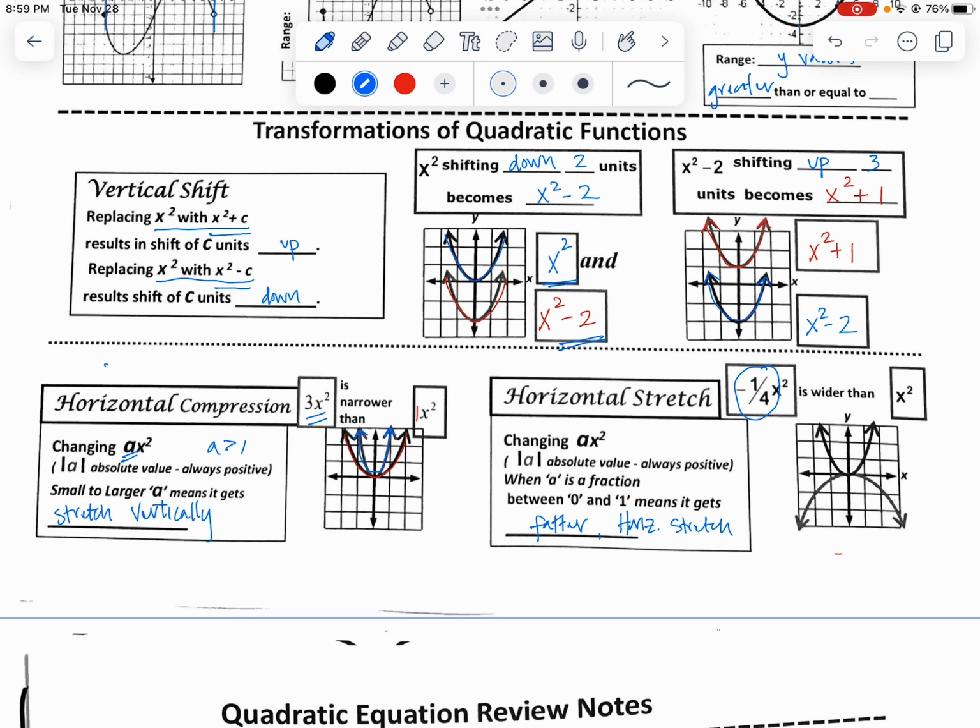I remember this because fraction starts with f and fatter starts with f, and so whenever there's a fraction out in front as a leading coefficient, I know that to go from x squared in red to negative 1/4 x squared in blue, the function is going to get fatter. We should also mention that that negative makes the function flip over.